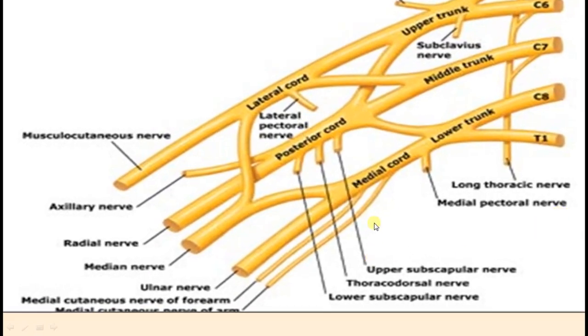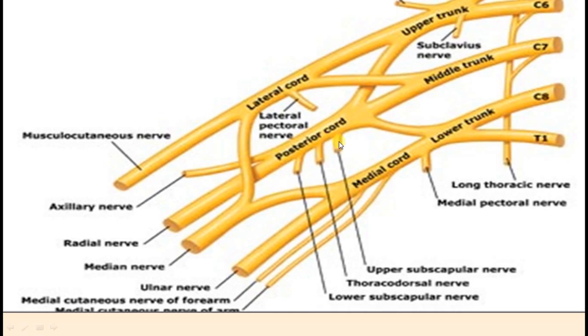Okay. So now you can see all the branches from the cord stage: lateral cord, lateral pectoral, musculocutaneous and lateral root of median. Medial cord, medial pectoral, medial cutaneous nerve of arm, forearm, ulnar, medial root of median.